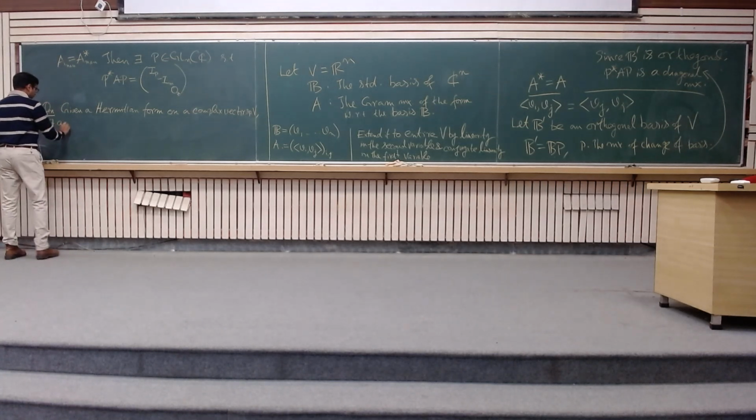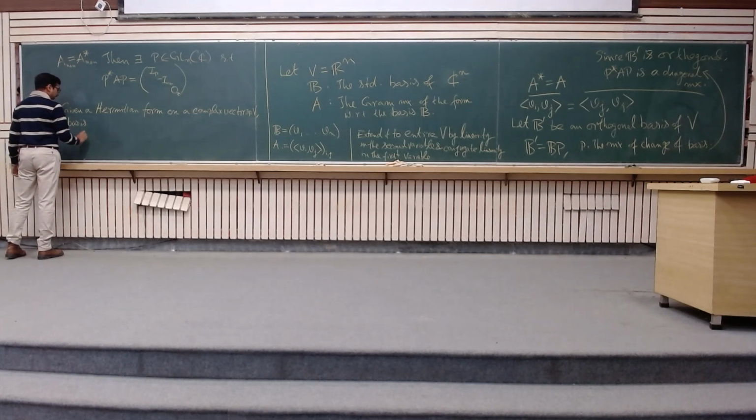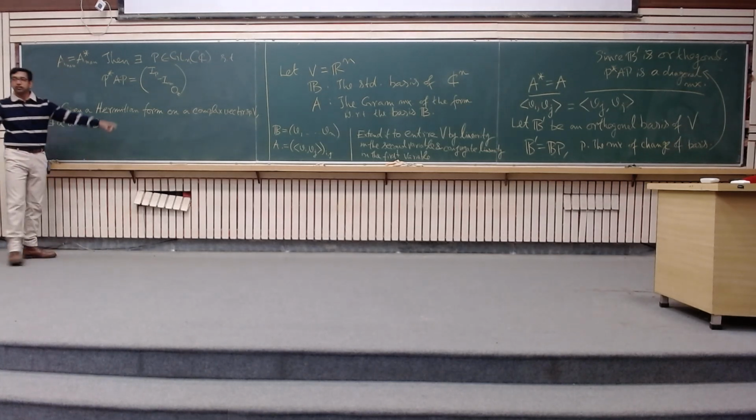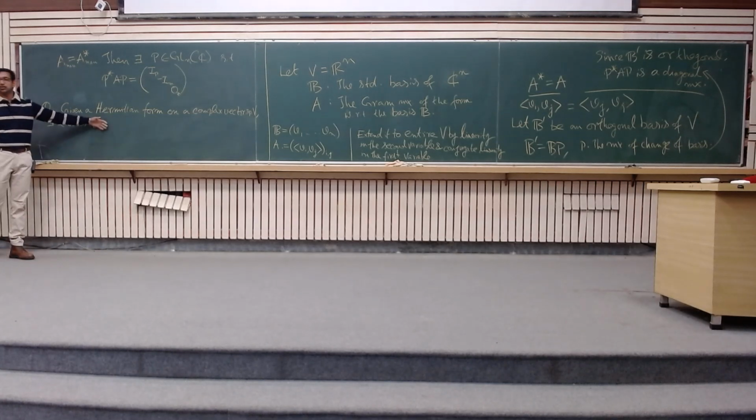There we denoted it by B dash, but now there is no mention of B. We wrote it B dash because there was a B which we had fixed earlier.